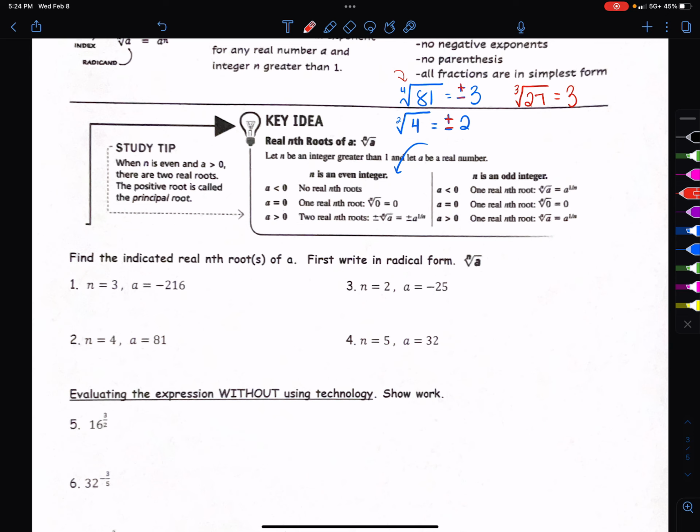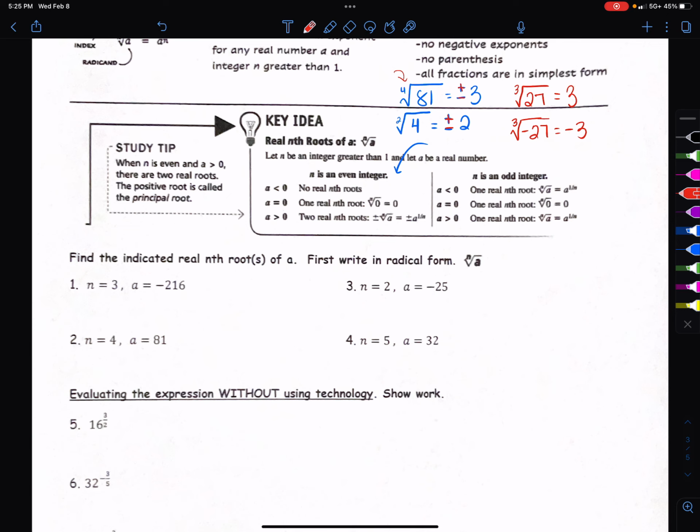But it can't be negative 3, because negative 3 times negative 3 does make positive 9, but 9 times negative 3 makes negative 27. So if I had the cube root of negative 27, then that one would be negative 3.